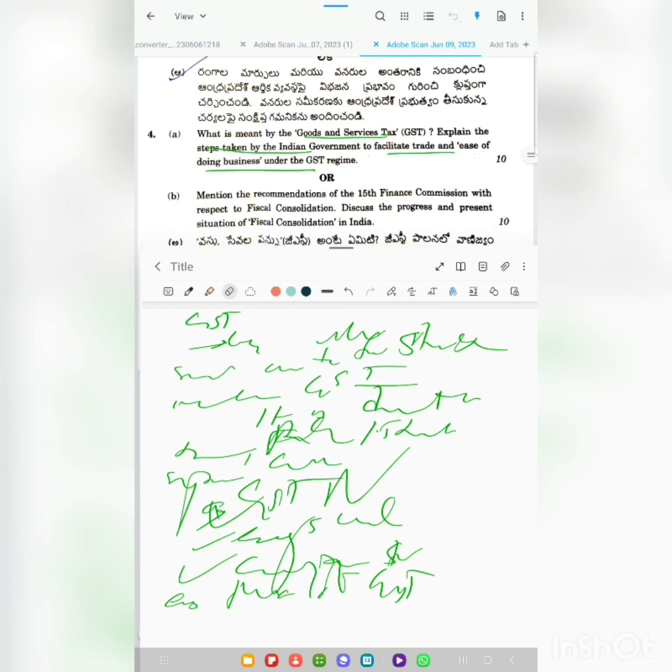And what about a few other things, like we will be having simplified procedures in tax compliance, okay, that is an advantage with respect to GST. Unlike previously, in order to file taxes there were multiple tax laws which had to be complied with at the state and central level, so that became a very difficult task.